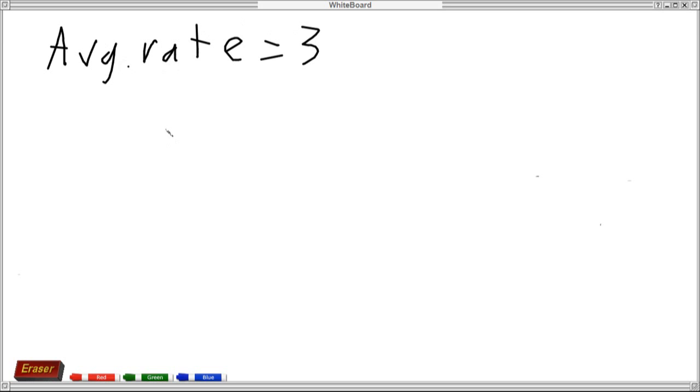Now let's go ahead and bring back the instantaneous rate of change formula. First let me rewrite the function, f of x is equal to x squared, and x is equal to 3.